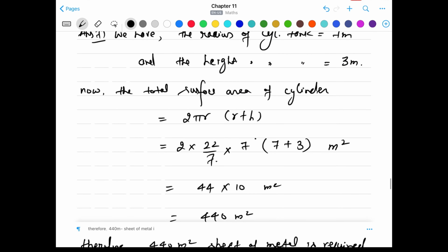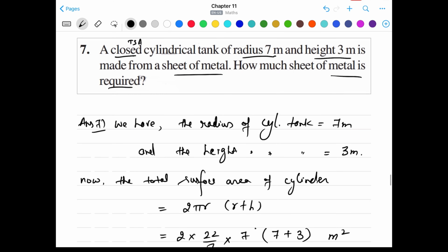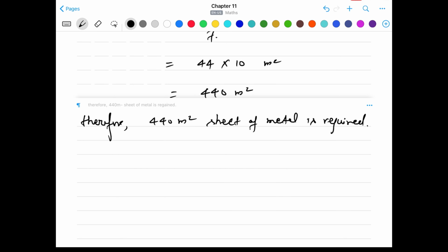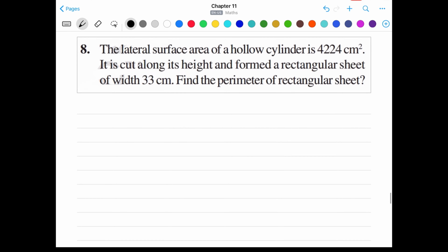Okay, so simply you have to notice and understand here that whenever it's a closed cylinder, that means he is talking about the total surface area. Simply by calculating total surface area, we find out the area of the metal sheet required for making it. Okay, now moving to the next question.